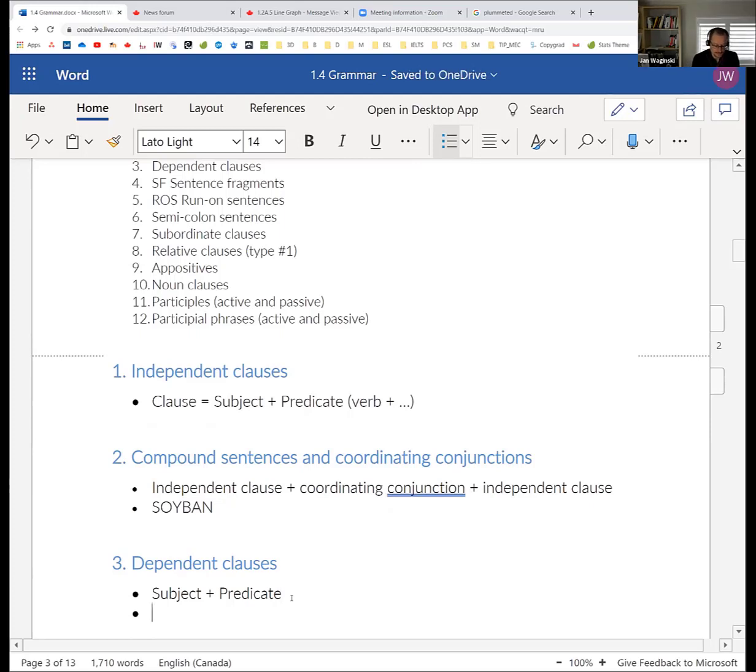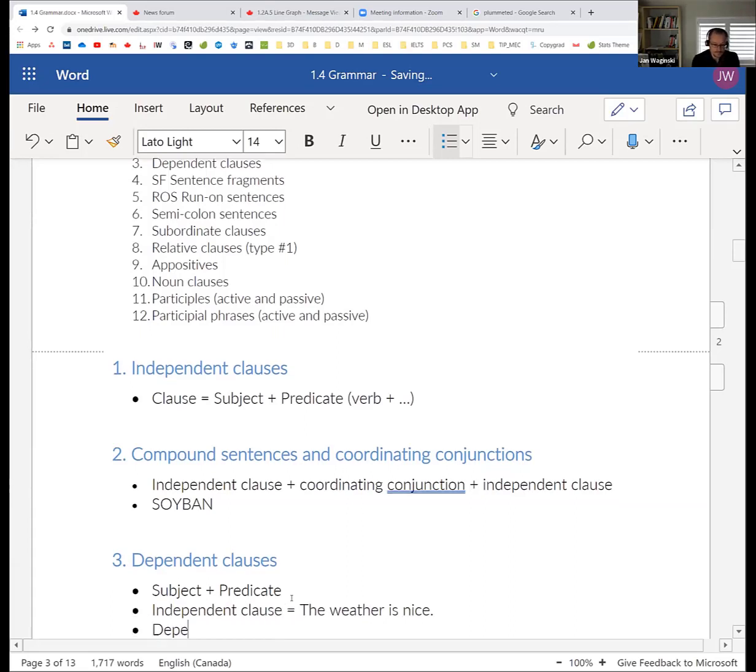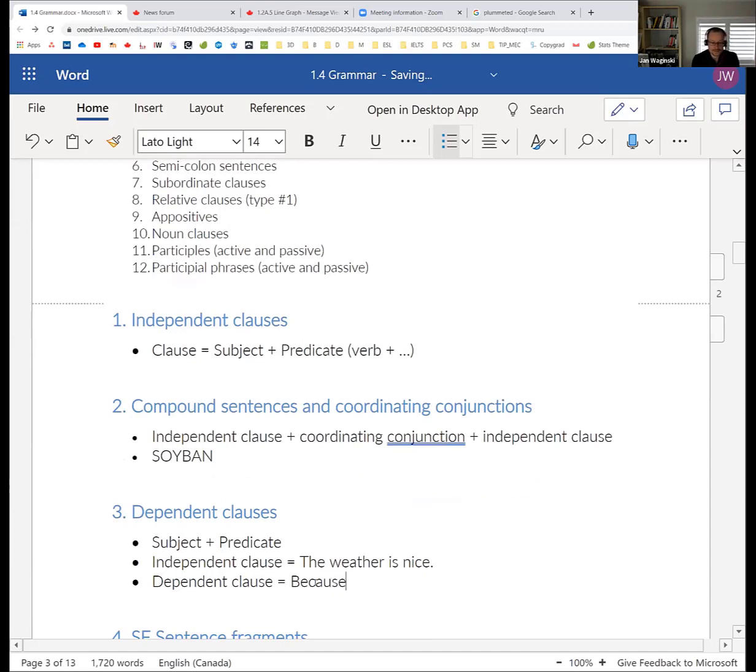So for example, if I just say the weather is nice, this is an independent clause. But if I do something like because the weather is nice, is that a sentence now?